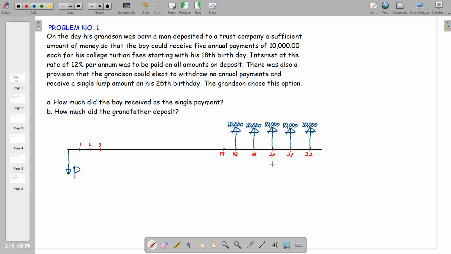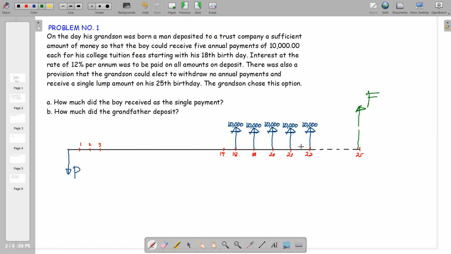But the provision on the trust fund is that the grandson would have an option to not withdraw from 18 to 22, but rather have it on a single time, a one-time withdrawal on the 25th.